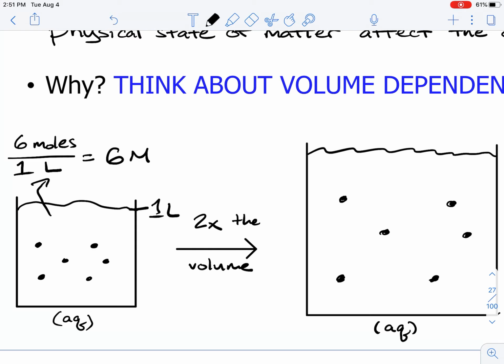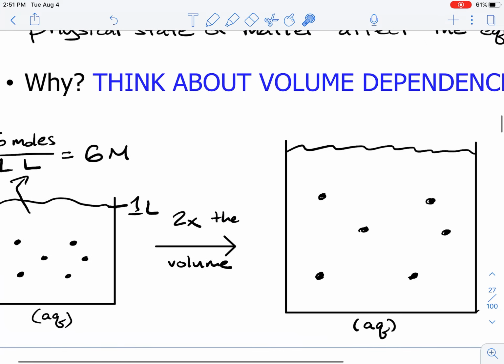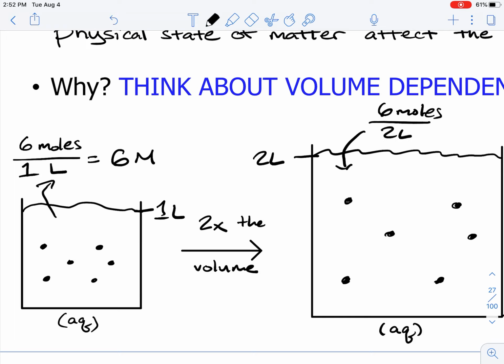If we double the volume of the container and fill it with solvent, so we have 2 liters instead of 1 liter, but we still keep the same number of moles of substance, then we have 6 moles, or 6 particles, for every 2 liters.